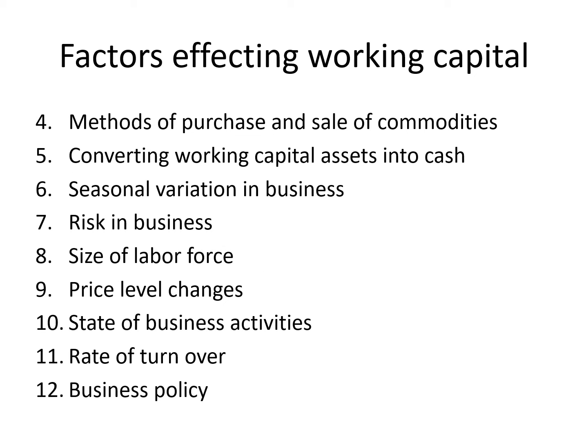Now, other factors are the method of purchase and sale of commodities. There are different types of businesses, and in this case they are talking about credit and cash-based systems. There are three different ways. First, when the supplier provides products or raw material on credit, and the company also sells its products to customers on credit.